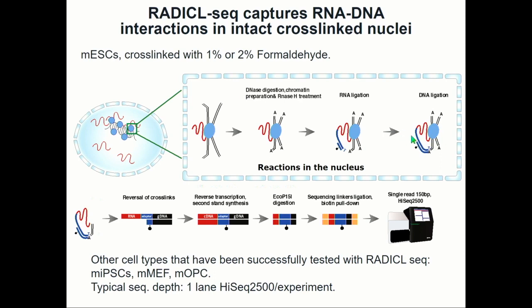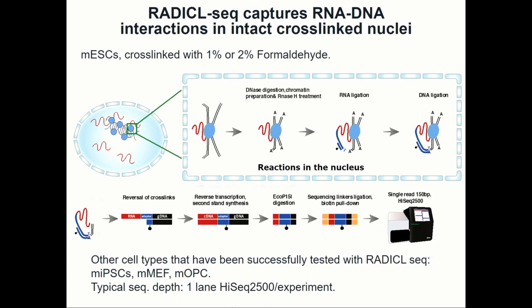After we obtain this ligated product, we decross-link, digest everything, and the RNA is converted into cDNA. Then after cleaving with the enzyme which cleaves 27 bases into the cDNA and 27 bases into the genomic DNA, everything is ligated to Illumina linkers and sequenced.